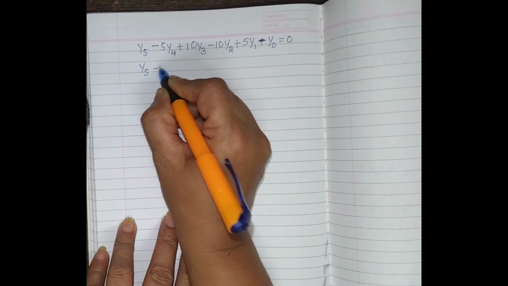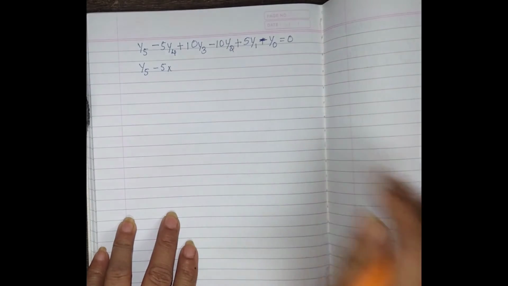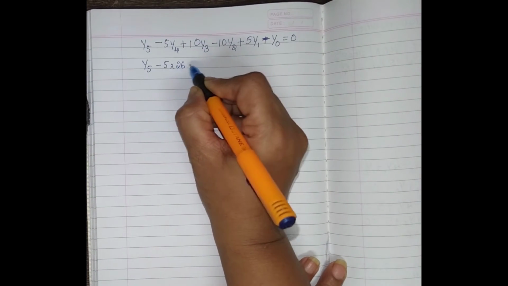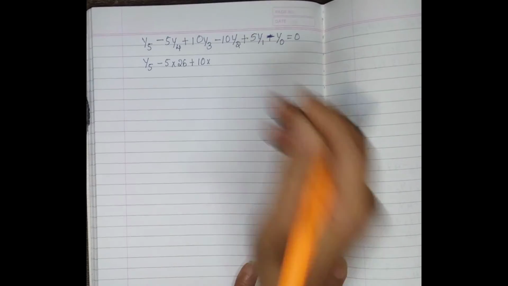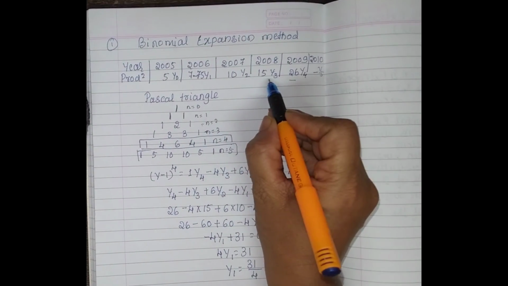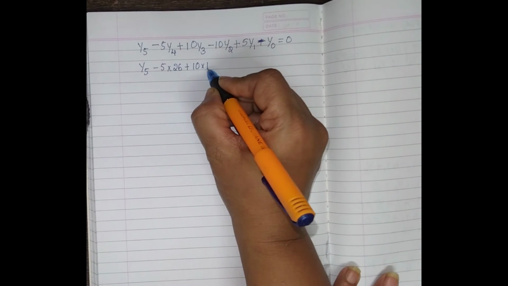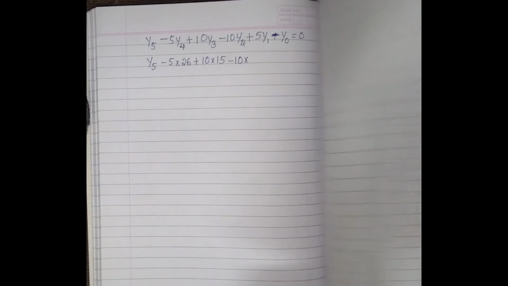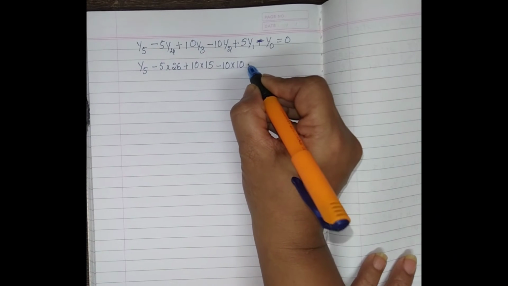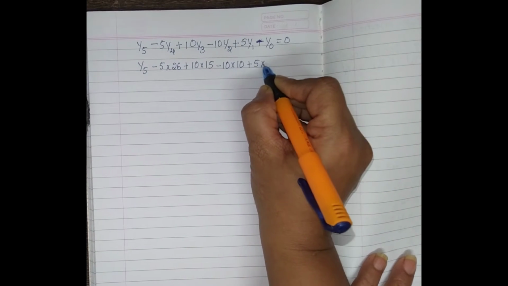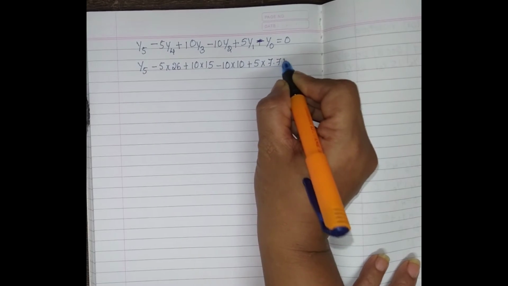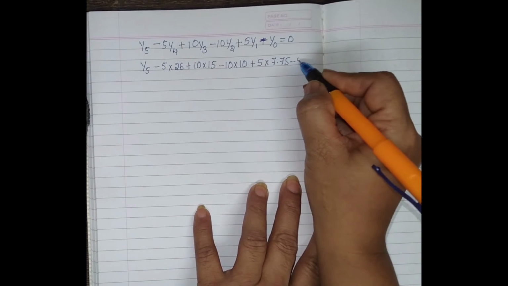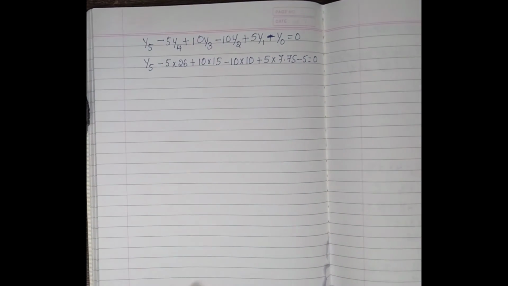y5 minus 5 into y4, y4 value is 26, plus 10 into y3, y3 is 15, minus 10 into y2, y2 value is 10, plus 5, y1 we calculated as 7.75, minus y0 is 5, that is equal to 0.